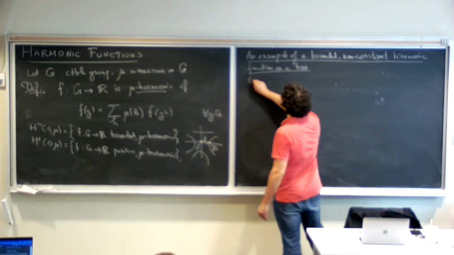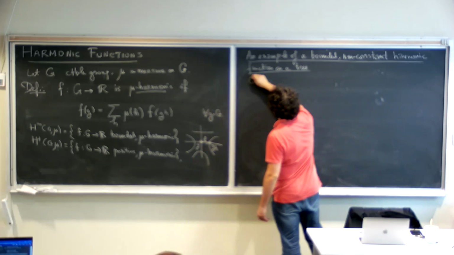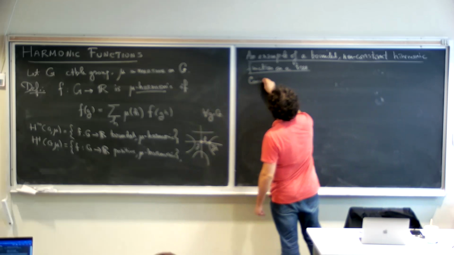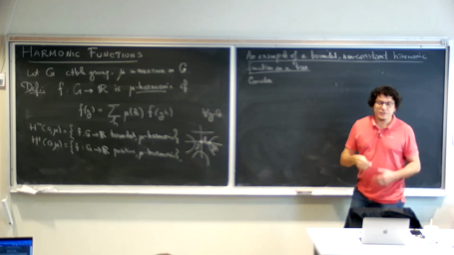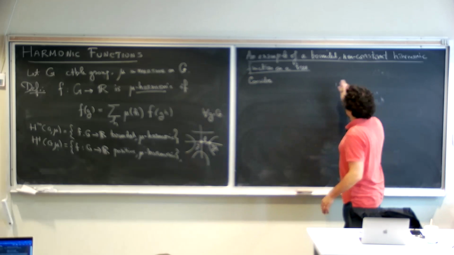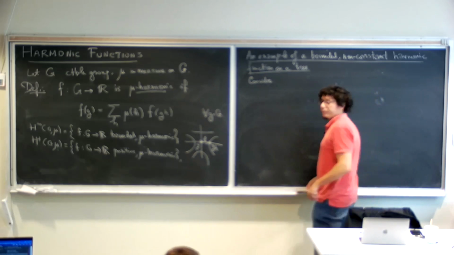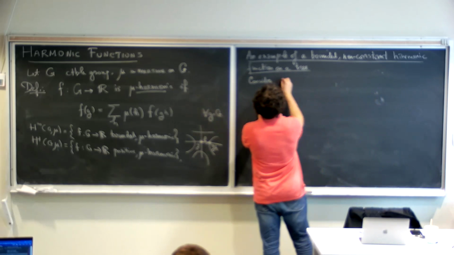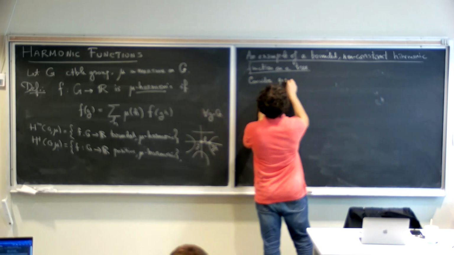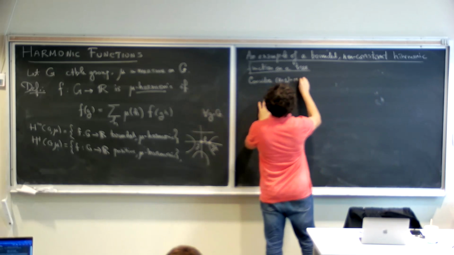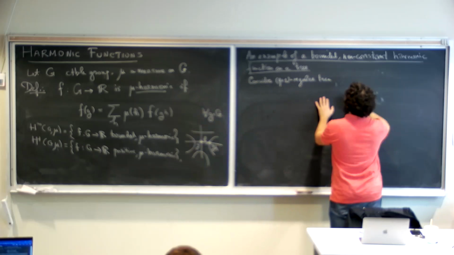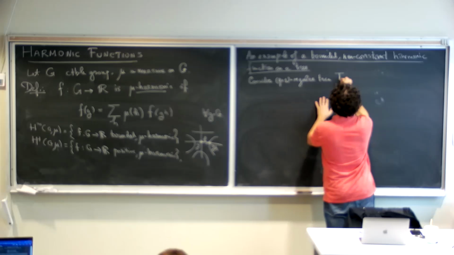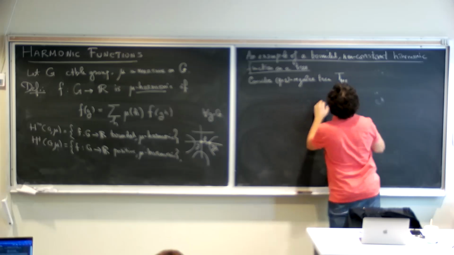So consider, of course, a tree is a Cayley graph of a free group. So you can also think of it as constructing a harmonic function on a free group. So consider a q plus 1 regular tree, let's call it T_{q+1}.